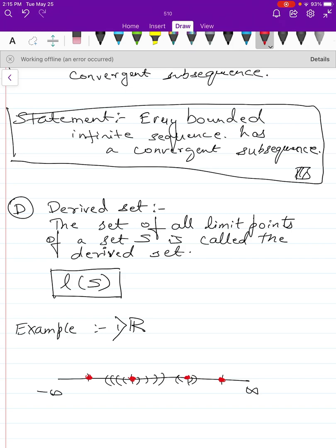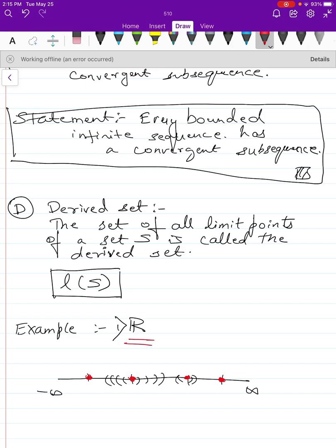That is a real number, correct? Because real numbers are dense in nature. So every neighborhood of any real number will contain at least one point of R other than itself.